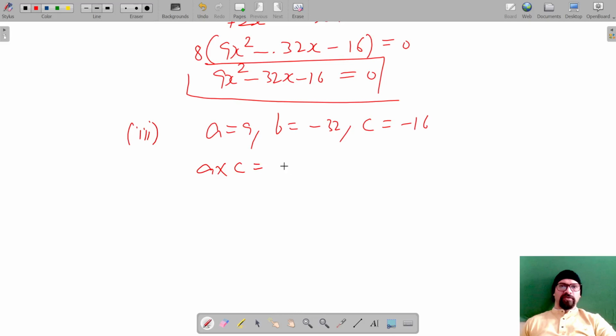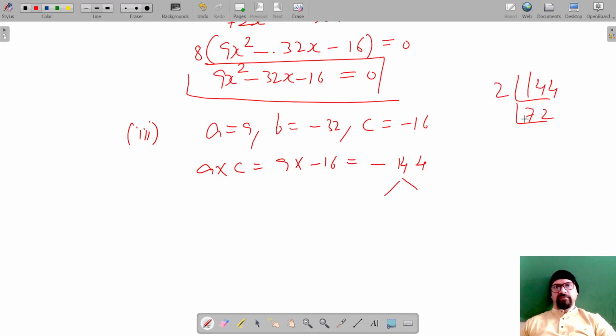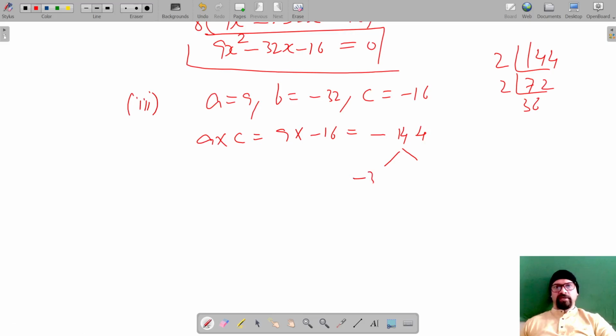So A into C is 9 into minus 16, which is minus 144. The factors of 144 for which the product is minus 144 and the sum is minus 32 are minus 36 and 4.